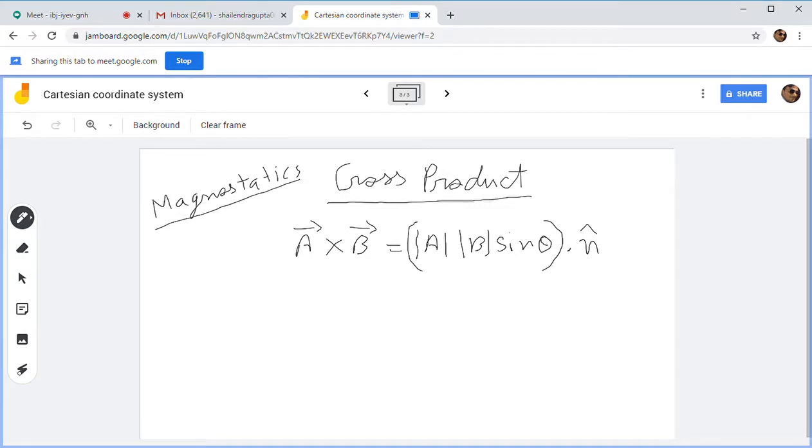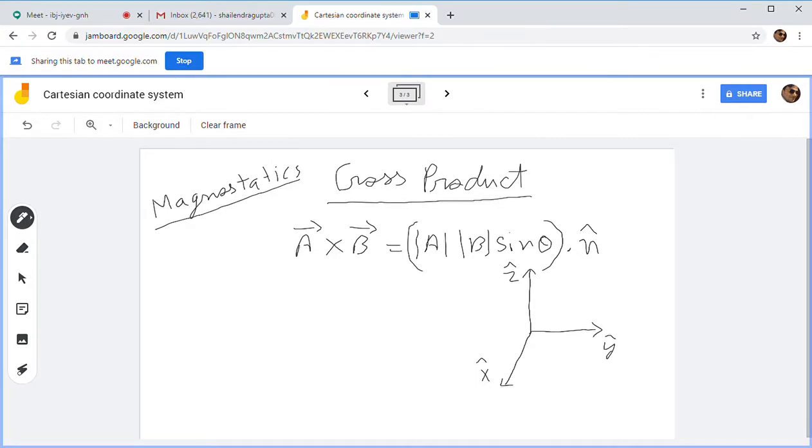So considering a rectangular coordinate system with x, y, z as axes, and onto that a unit vector x, unit vector y and unit vector z, which tell us the direction.